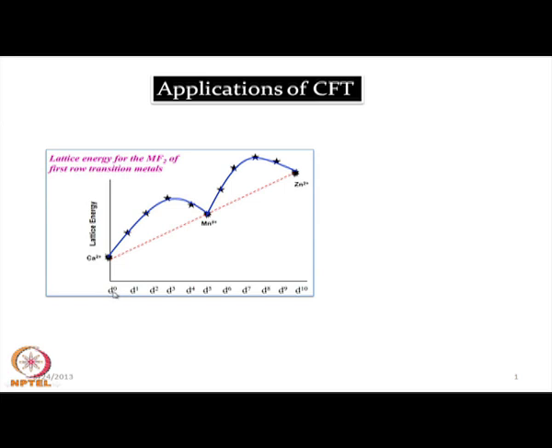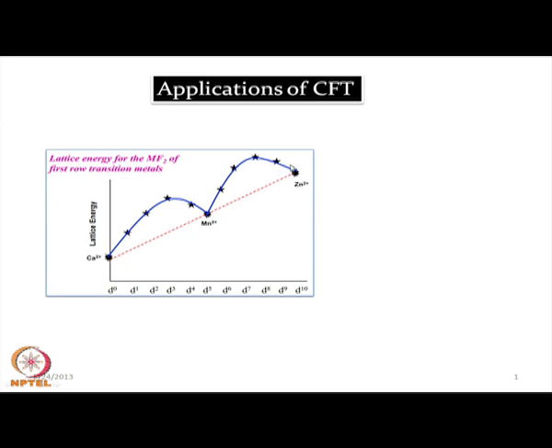So, if we consider these 11 elements and plot them in this fashion, we will see that the occupation of these d levels contributes differently towards the lattice energy term for these transition metal ions. When we go from d1 to d2 to d3, it again drops at d4 and then comes back to the linear straight line.